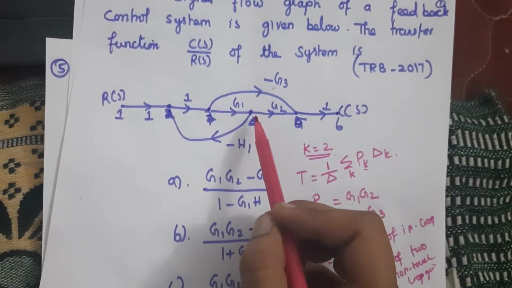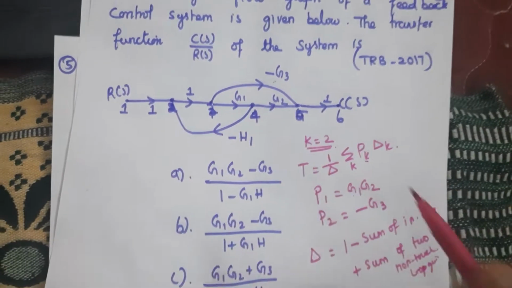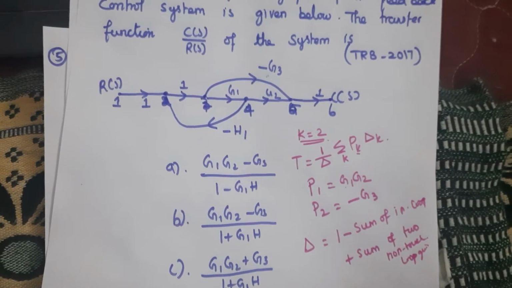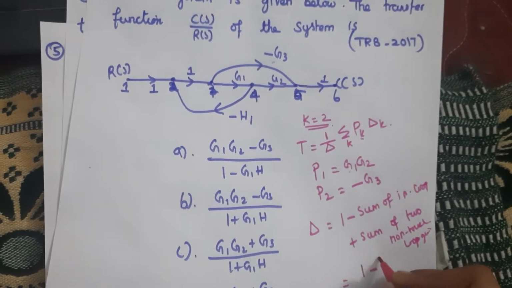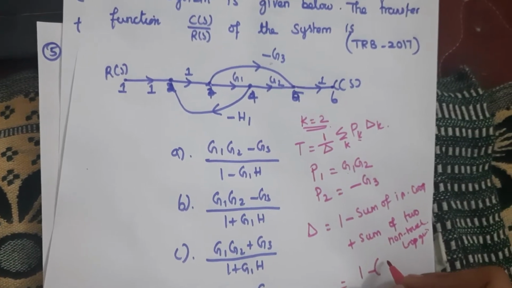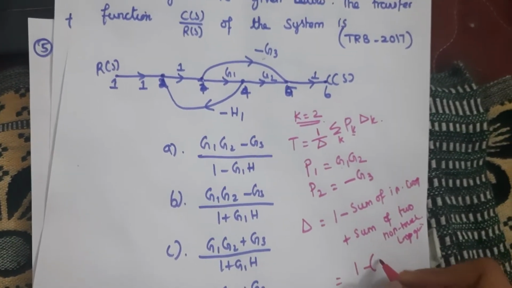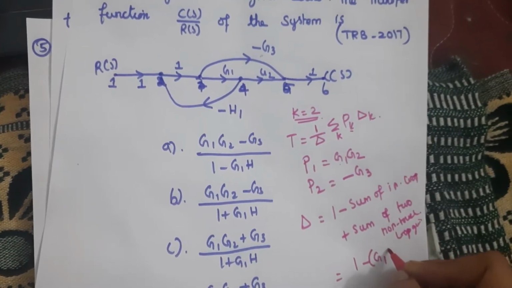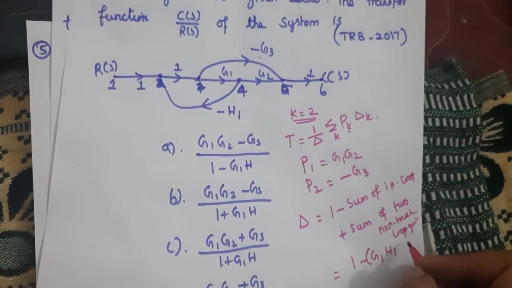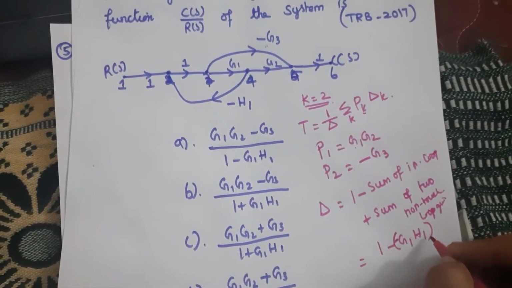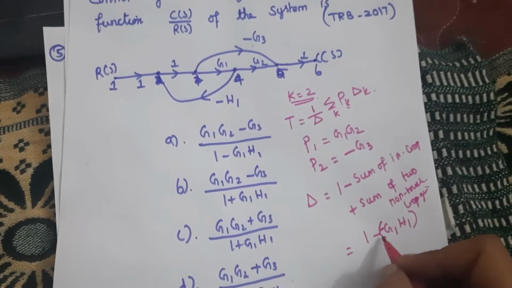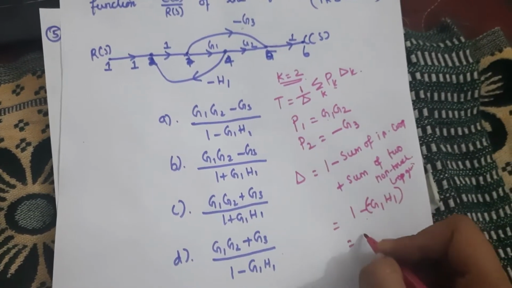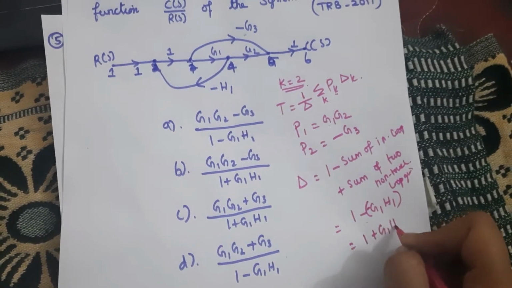There is only one loop here, so we get 1 minus of g1 h1, minus g1 h1, and there are no non-touching loops, so del is equal to 1 plus g1 h1.